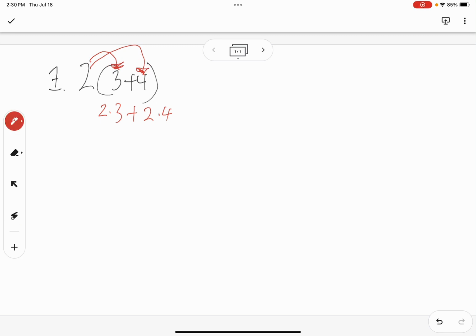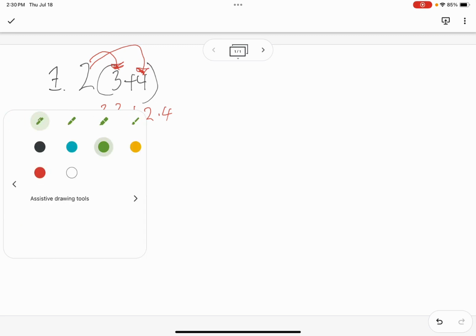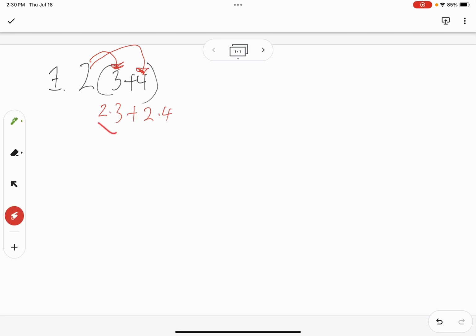So here we go ahead and do our math. 2 times 3 is 6. Bring down the plus sign. And 2 times 4 is 8. Now we've got 6 plus 8, which equals 14.